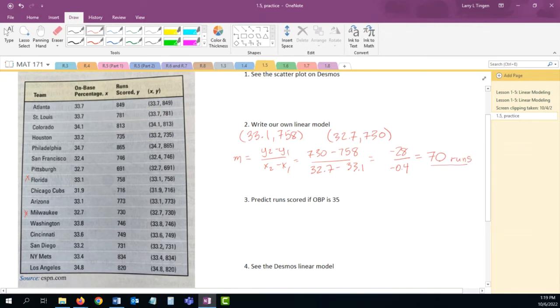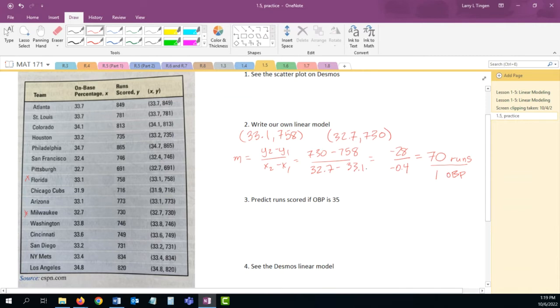Well, this 70 is an integer, so I can rewrite it as itself over 1. What was the units for the denominator? That's the on base percentage, the OBP. So it looks like for every increase of 1 point in the on base percentage, a team has an increase of 70 runs scored in the season.